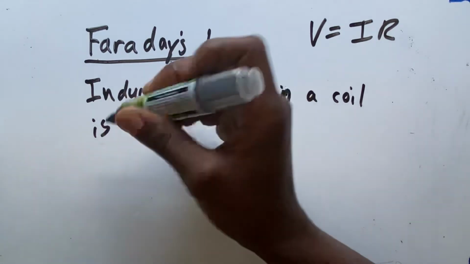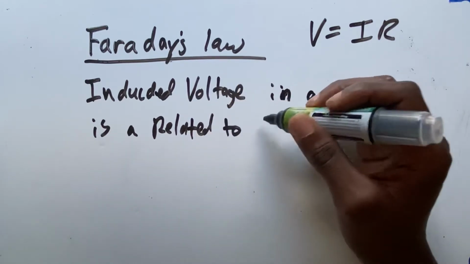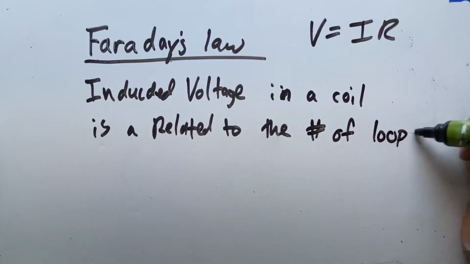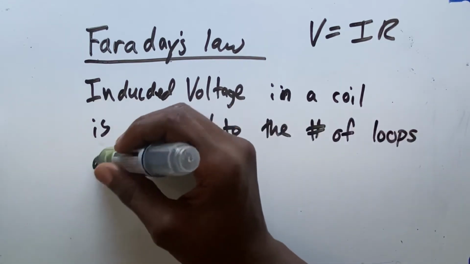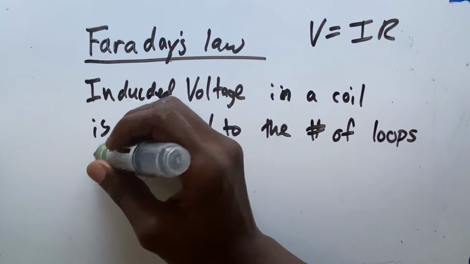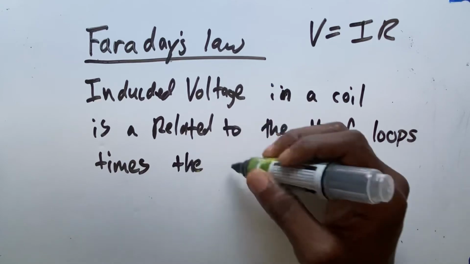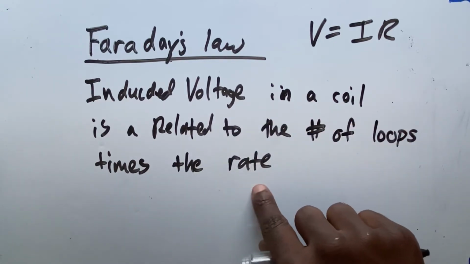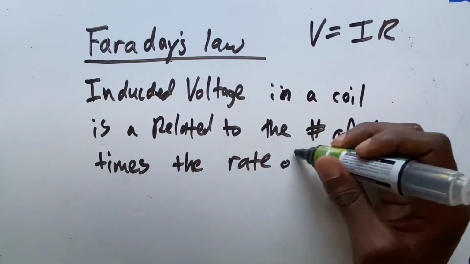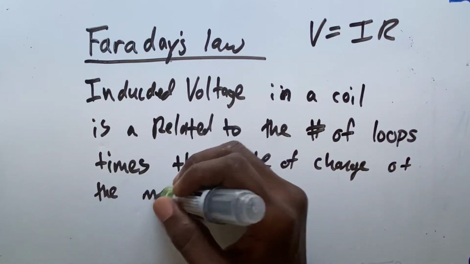I'll just write it out, it's related to the number of loops times the rate of change of the magnetic field.